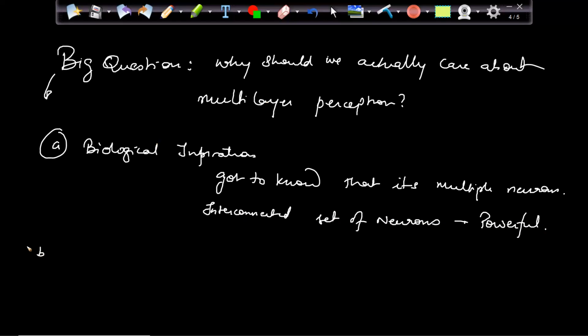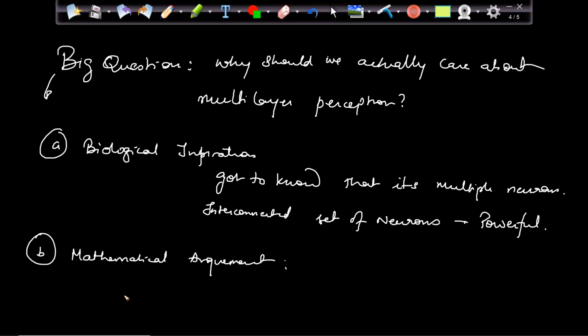Second is the mathematical argument. For this, we'll take one example. We'll take one complex mathematical function and see how a multi-layer perceptron is going to help me solve this complex equation.